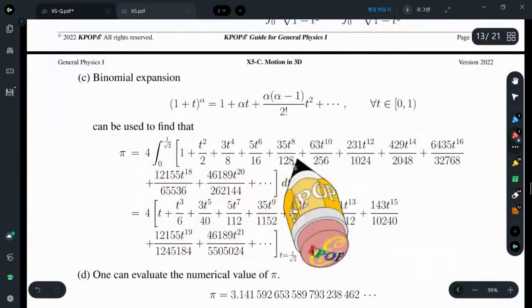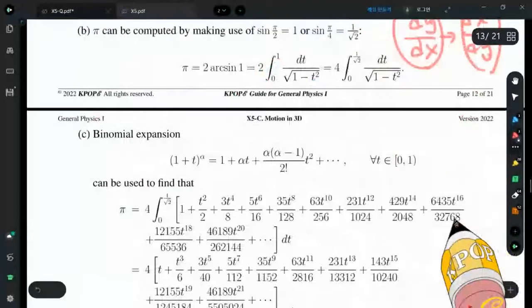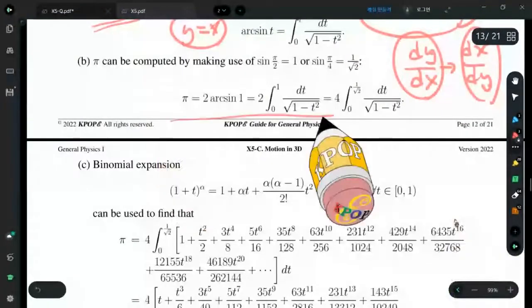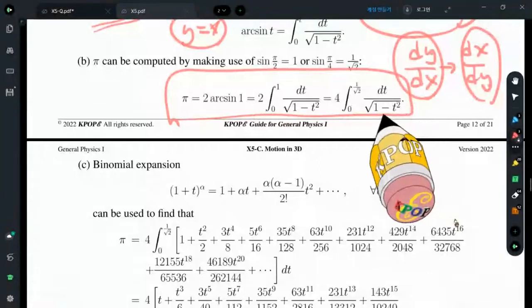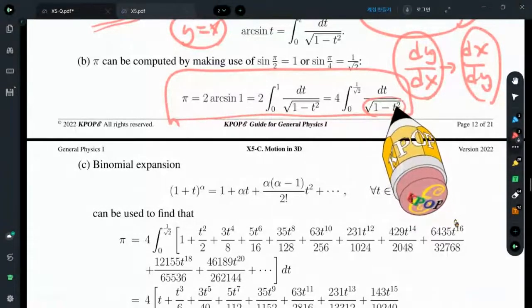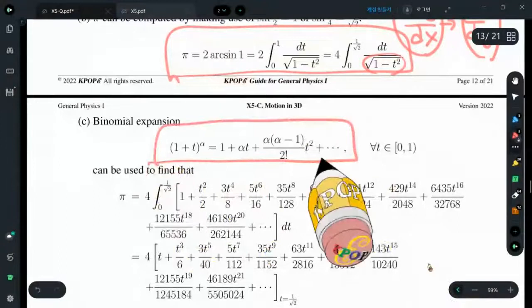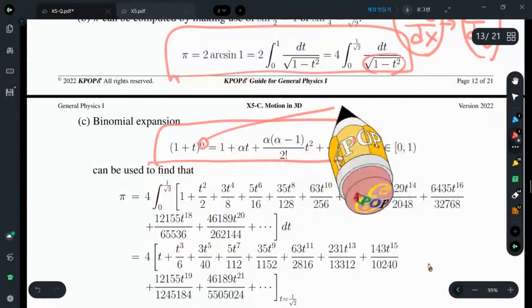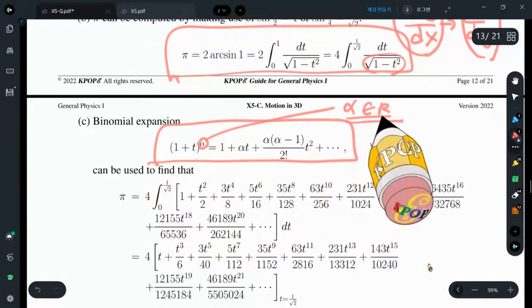And this is a binomial expansion. You will find this arc sine can be evaluated if you expand this one in powers of t when t is less than 1. This is true for any real number.